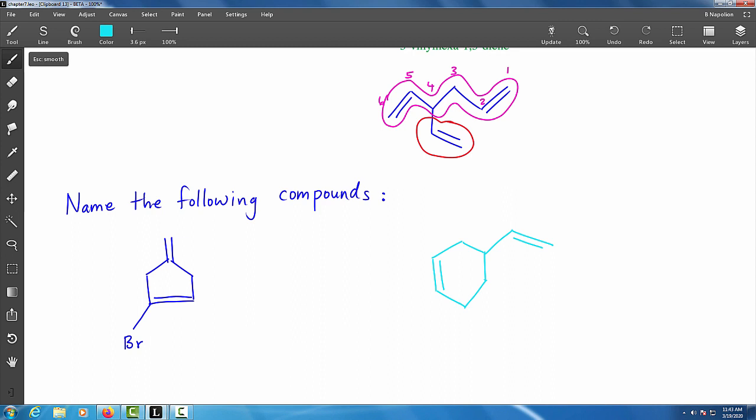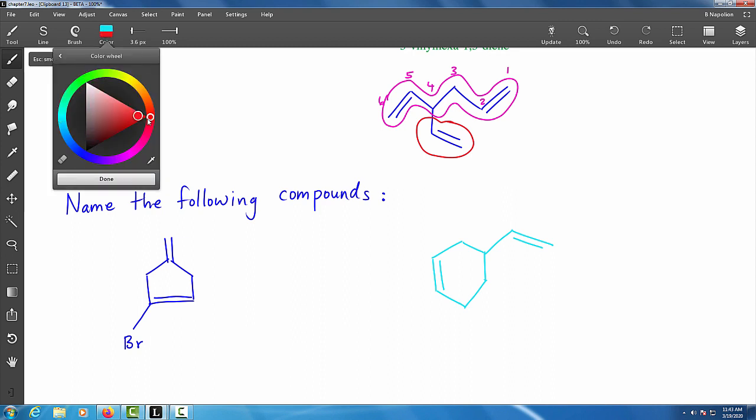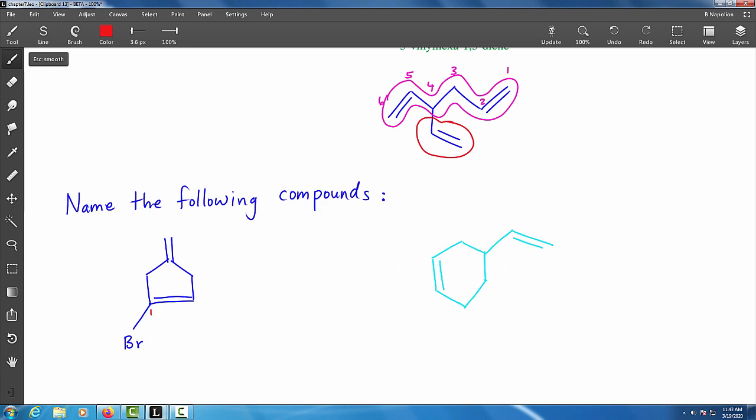So, if I had to name these two compounds, okay? If I numbered 1, 2, 3, 4, 5 that way.